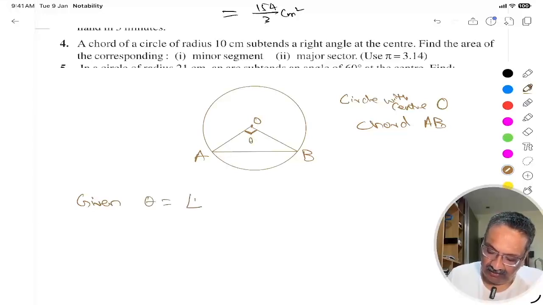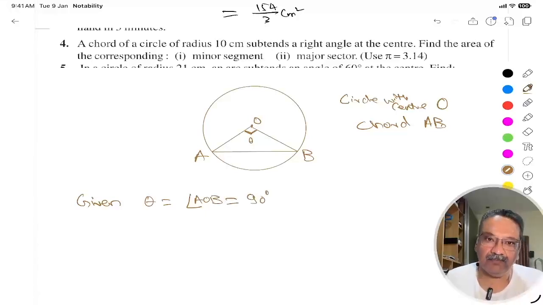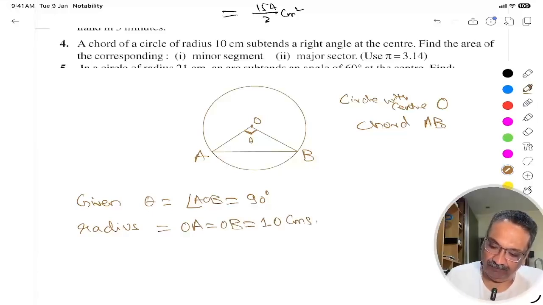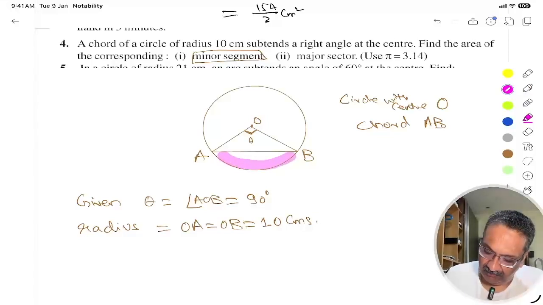Theta is equal to angle AOB is equal to 90 degrees and radius is given. Radius is equal to OA, which is nothing but OB, is equal to 10 centimeters. Now we have to find the area of the corresponding minor segment. In this case, the minor segment will be this portion. We have to find the area of this minor segment.